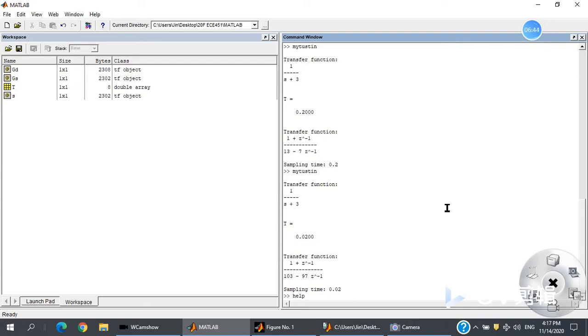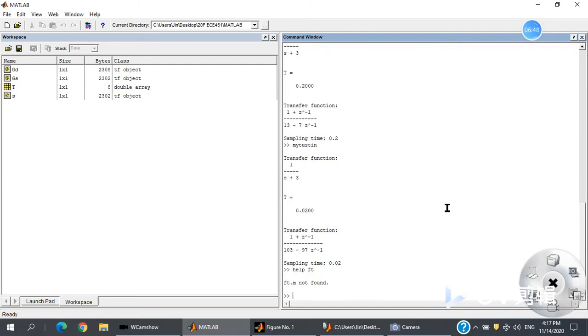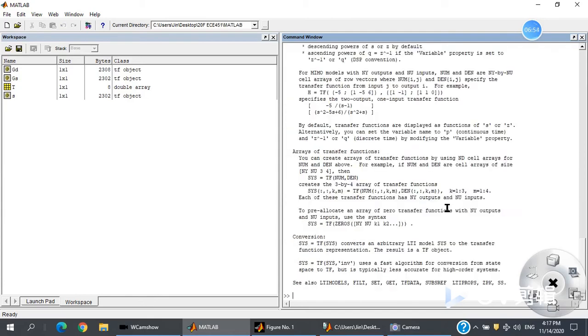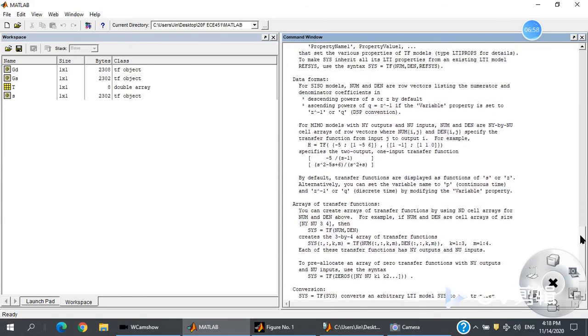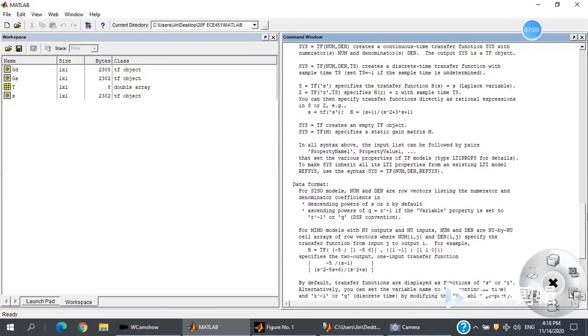Can I try this? TF, transfer function. I can define S, right? Oh no, transfer function. Here, transfer function. I think I can also define Z by this one. I can define S. I know S is this one, right?